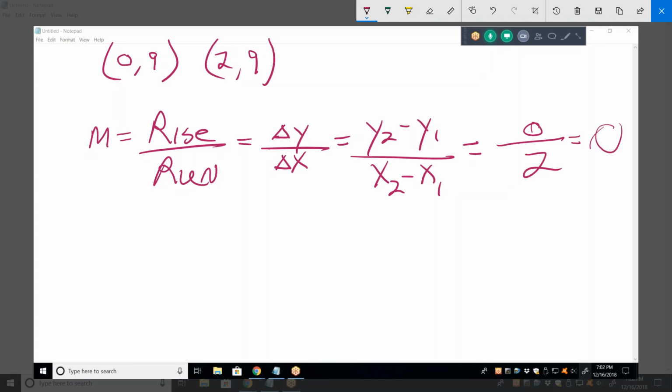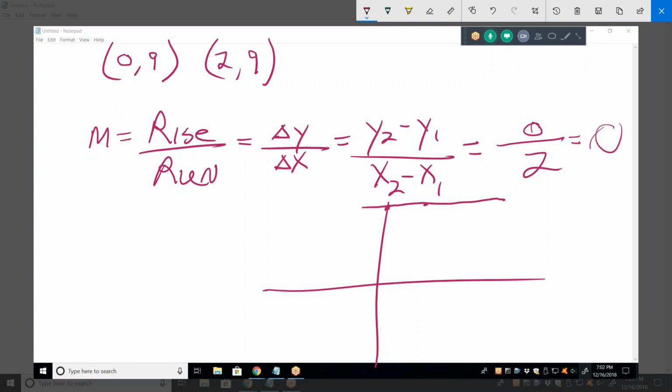What kind of line has a slope of 0? A straight line. Horizontal, yeah. And in this case, that horizontal line goes through, there's one of our points, there's another point, there's the horizontal line.